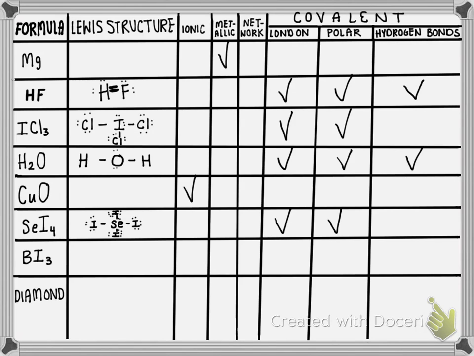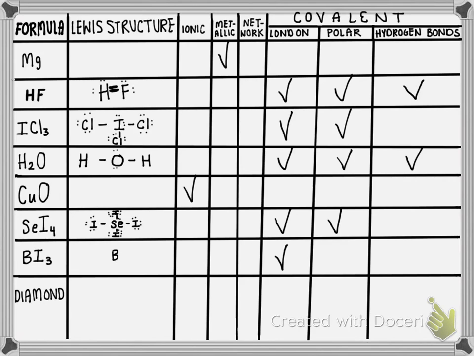So looking at your periodic table, or just knowing, B and I are both nonmetals, which makes it covalent and automatically London dispersion. And then to see if it's polar or not, we'll once again draw the Lewis structure.